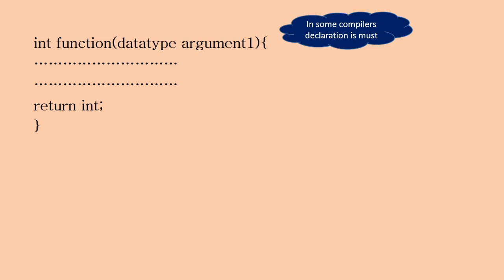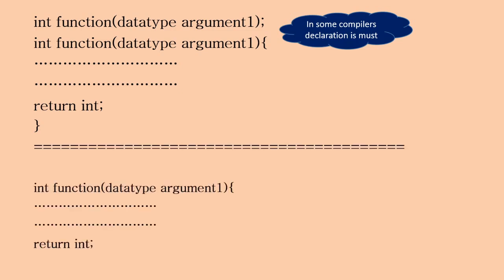Declaration is the return type, function name and the parameter, then the semicolon. When it terminates with a semicolon, it is called a declaration or a prototype, and the prototype of a function must be given for some compilers, but some compilers don't need any prototype or declaration.